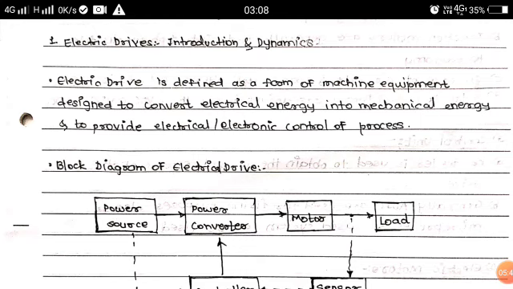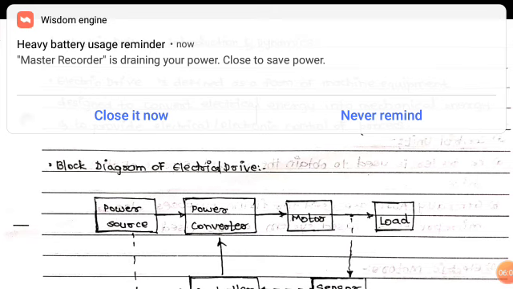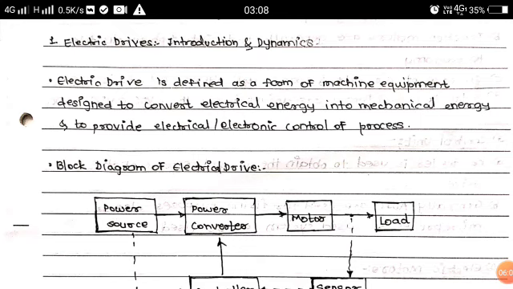Whenever a transient operation is required, meaning starting the fan, stopping the fan, or any speed change, only then does the controller come into the picture. It gives some control action. Otherwise, whatever is the state of the fan, it remains the same.